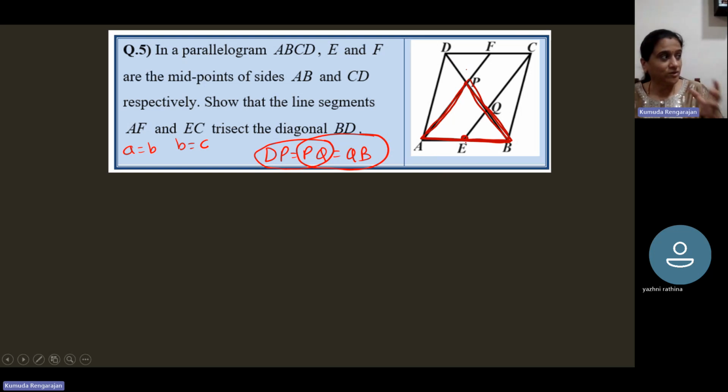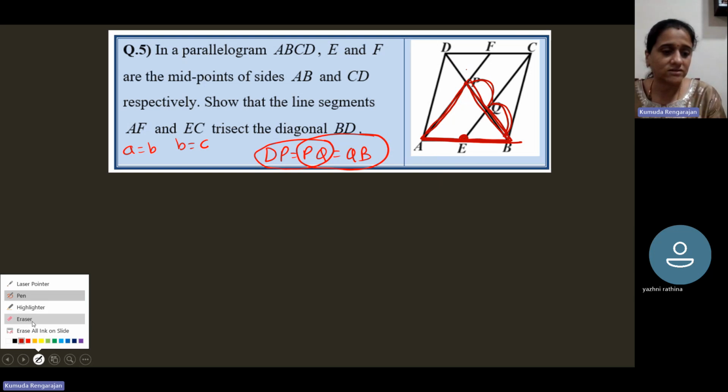You need to take a triangle which has PQ and QB, and also use the information given in the question. So all put together, this is the triangle. The actual important thing is that we have the side AB where E is the midpoint. That's why we need to use the converse of the midpoint theorem.